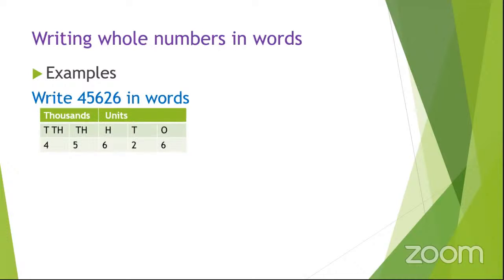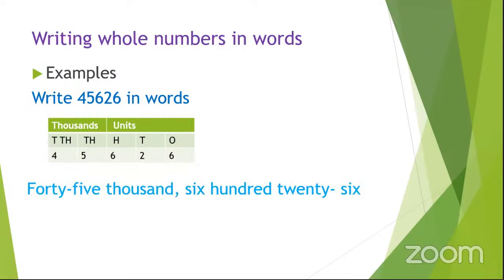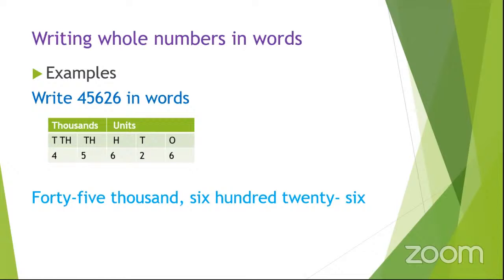If we have the word units for a group name, what do we do? So here, when we are writing this number in words, we shall read all these numbers together. So we shall say 45,000, yes? Because the group is 1,000, so we shall say 45,000.